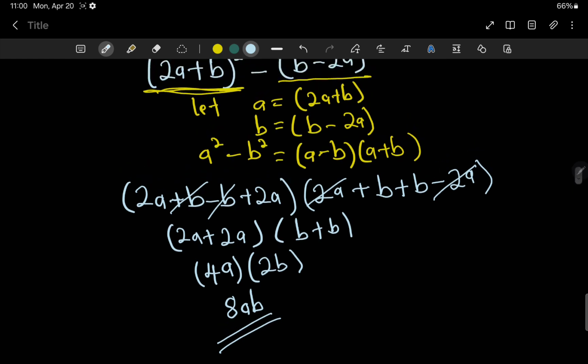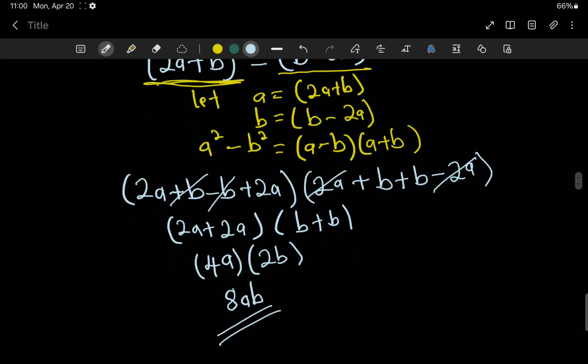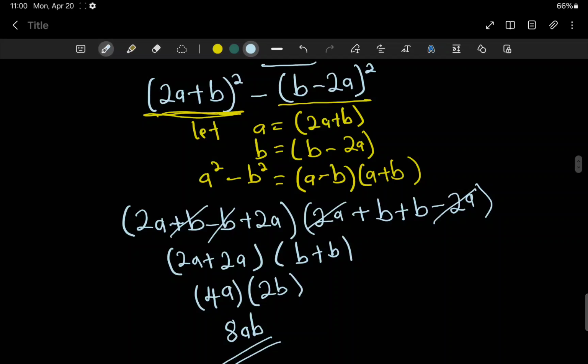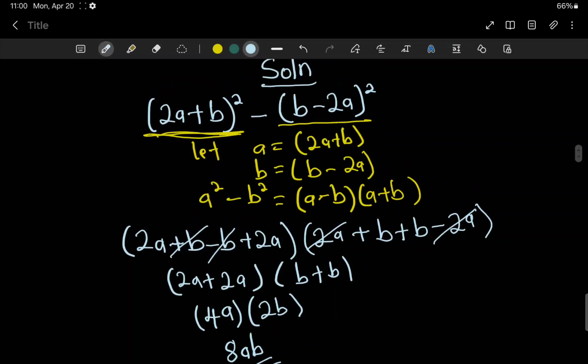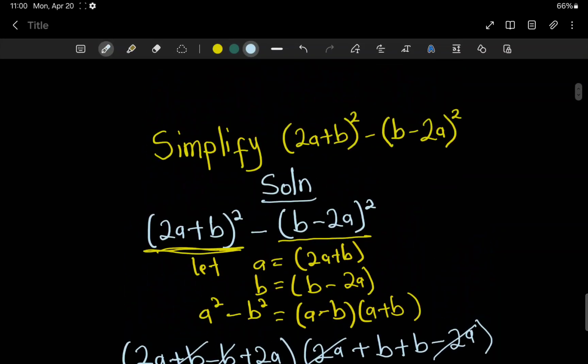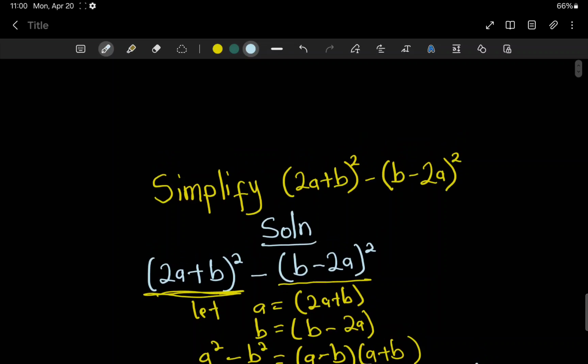Let me go through it again, so you take your time to understand. We are supposed to simplify (2a plus b) squared minus (b minus 2a) squared.